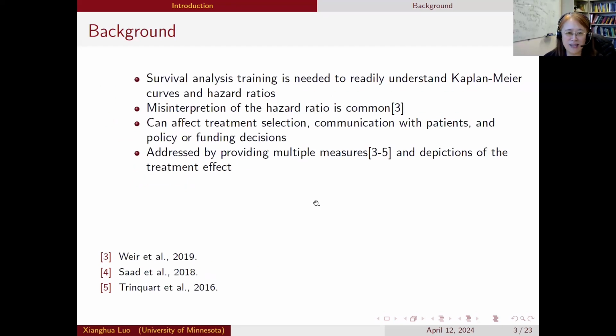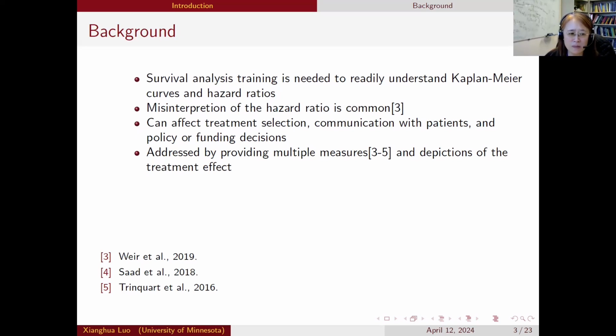However, based on some literature review and also our own experience in practice, oftentimes some basic training in survival analysis is needed for people to understand these sophisticated statistical methods, such as how to interpret hazard ratio from Cox model. And oftentimes it's misinterpreted even by some health professionals.